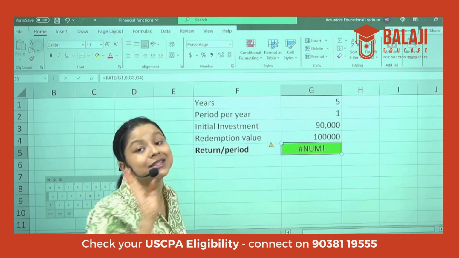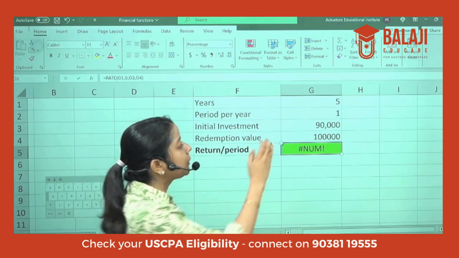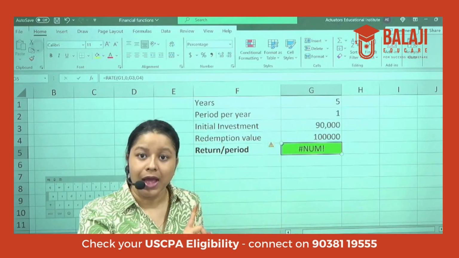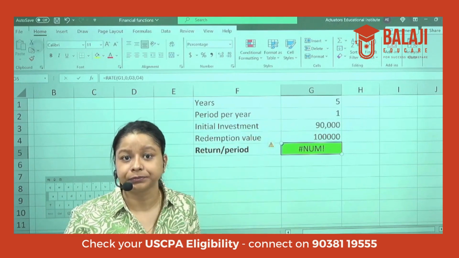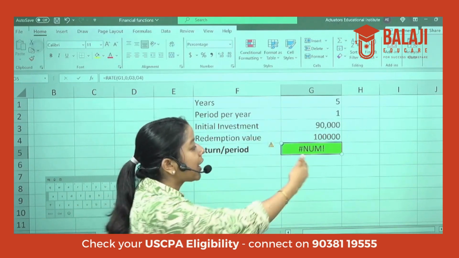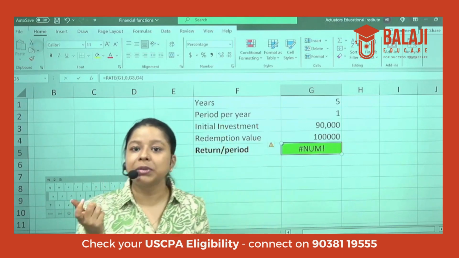So it considers that you are receiving a payment of 90,000 at time 0, and again receiving a payment of 1 lakh after 5 years. So how can you calculate the interest rate on that? Hence, this is a very complicated part.